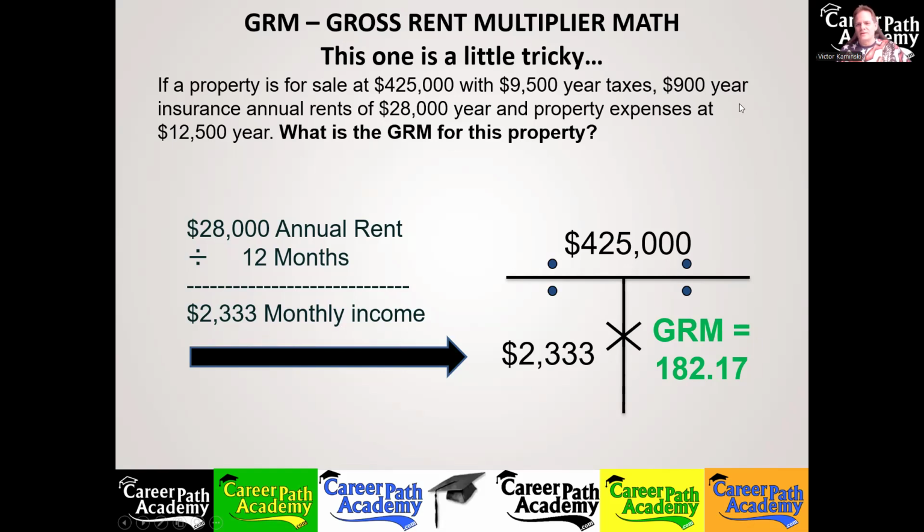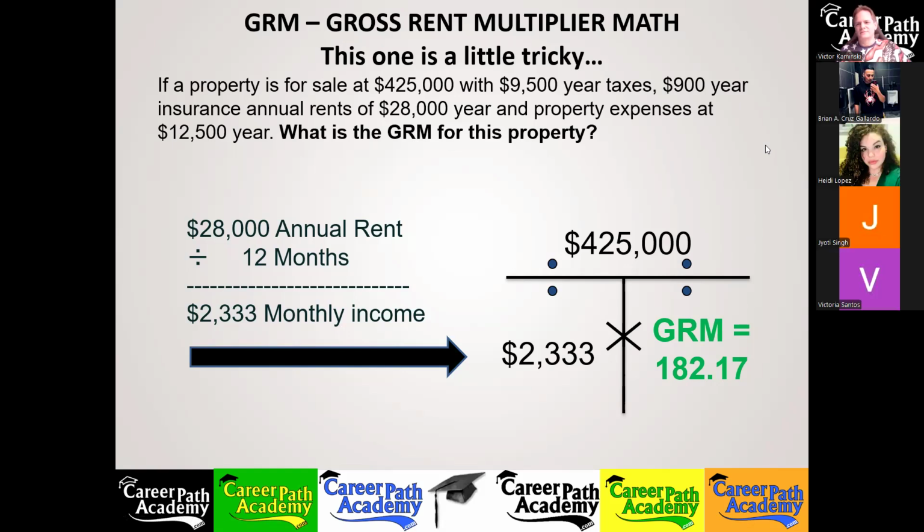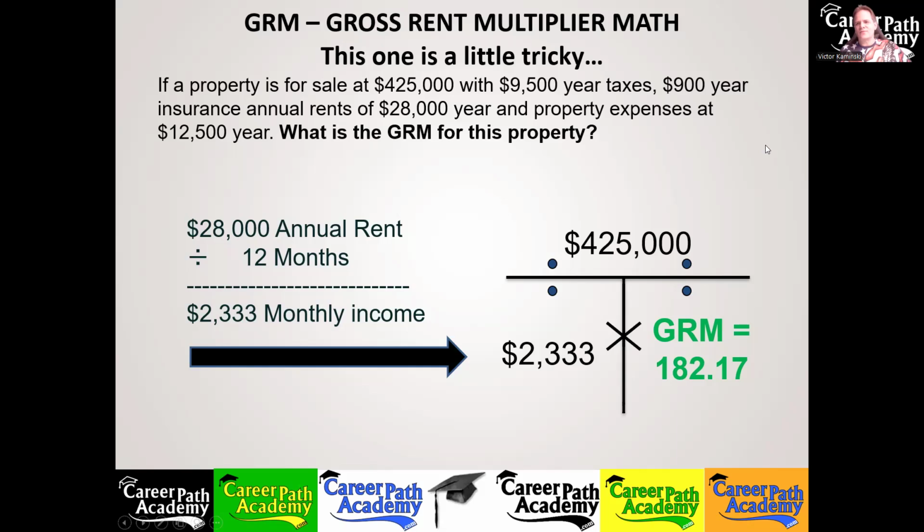That's what made it a little trickier. But was it that hard? Not really. You just got to remember the formula, and what to put in the T formula. You have two formulas, the T formula and the reverse T formula. The reverse T formula is only good for figuring out the GRM.